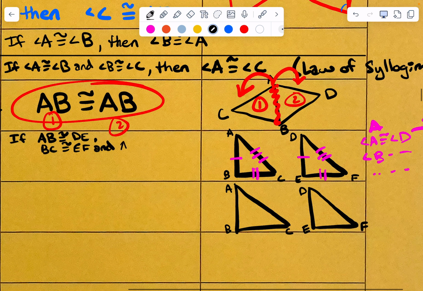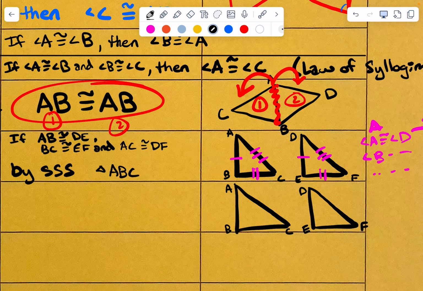AC is congruent to DF. If that is true, by side, side, side, triangle ABC is congruent to triangle DEF. Has to be. They have to be the same, even though I didn't even discuss the angles. They have to be the same, as long as the 3 sides are the same.